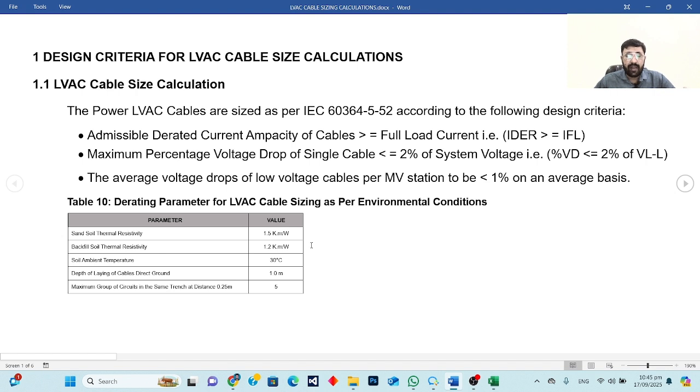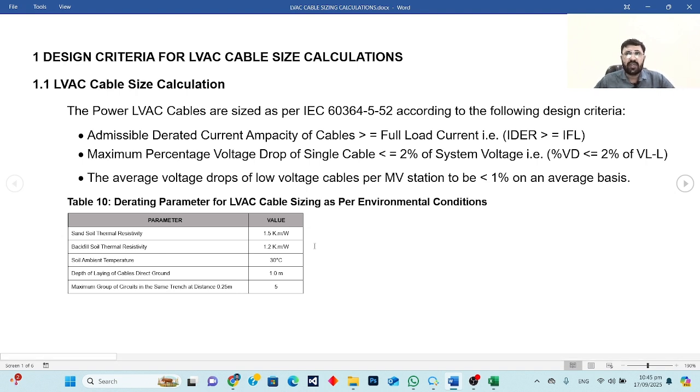Basically, when a manufacturer or the IEC standard gives us the value of the current of the cables, like the ampacity of the cables, they just give us the value at some specific environmental conditions. Like they have mentioned that the thermal resistivity value of the soil is 1.2 or 1.5, which they have considered for calculating the ampacity.